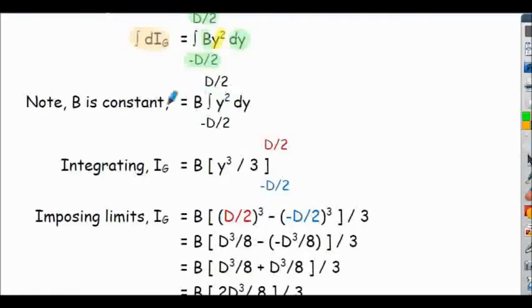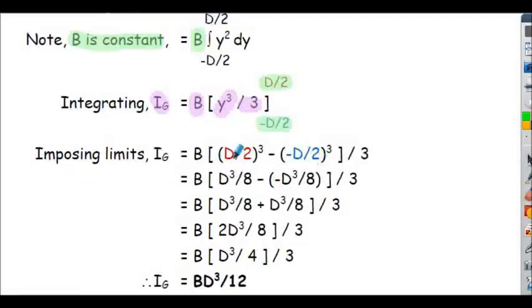Again, noting that b is a constant, so it's taken outside the integral. So integrating, we find IG is equal to b multiplied by the bracket of y cubed divided by 3 between the limits of d upon 2 and negative d upon 2. On the next line, we simply insert the upper limit and the lower limit. I'll let you review the solution at your own pace. Just be careful of the directed numbers here.